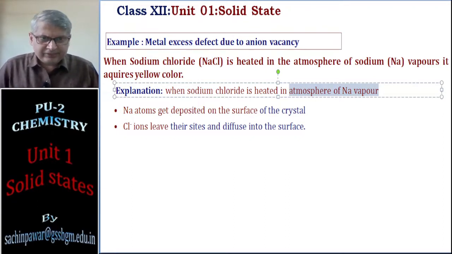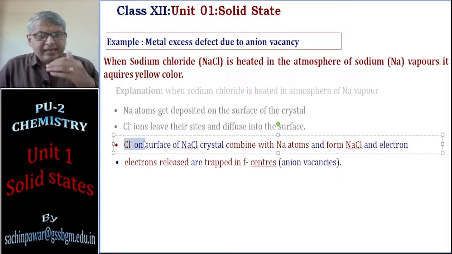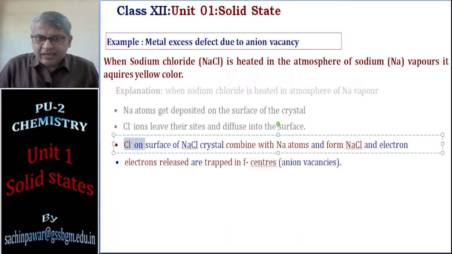Because of this, the chloride ions on the surface of the NaCl crystal and the sodium atoms already on the surface will react and form sodium chloride.